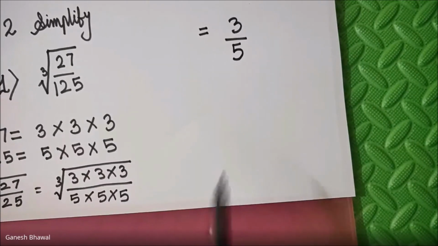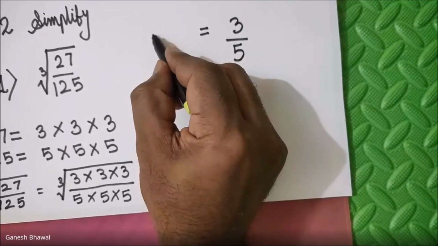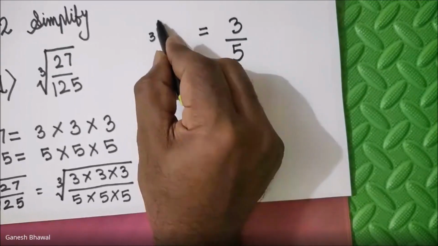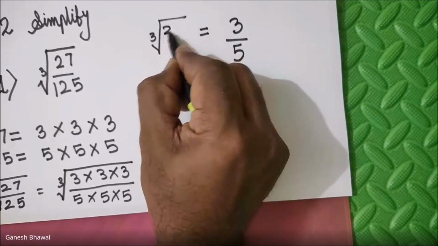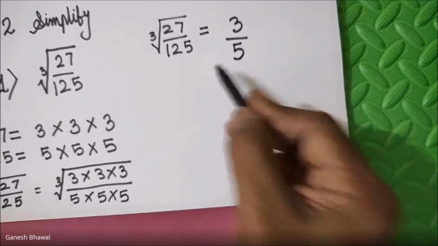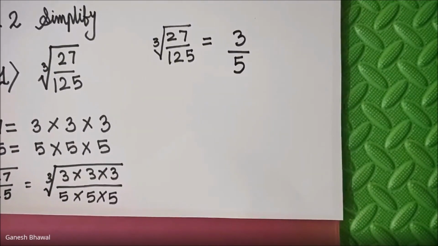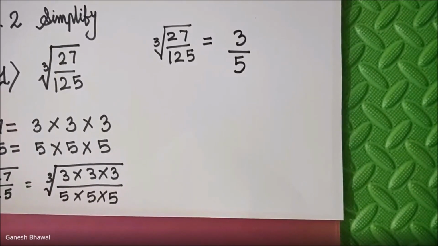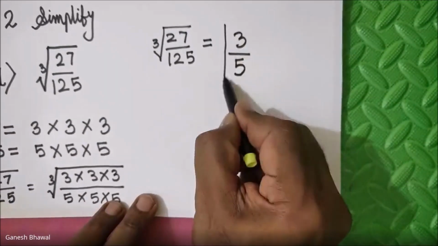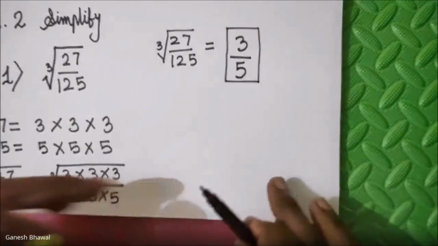It means we have taken the cube root. Under cube root, 27 by 125, answer is 3 upon 5. You can put a box for your answer.